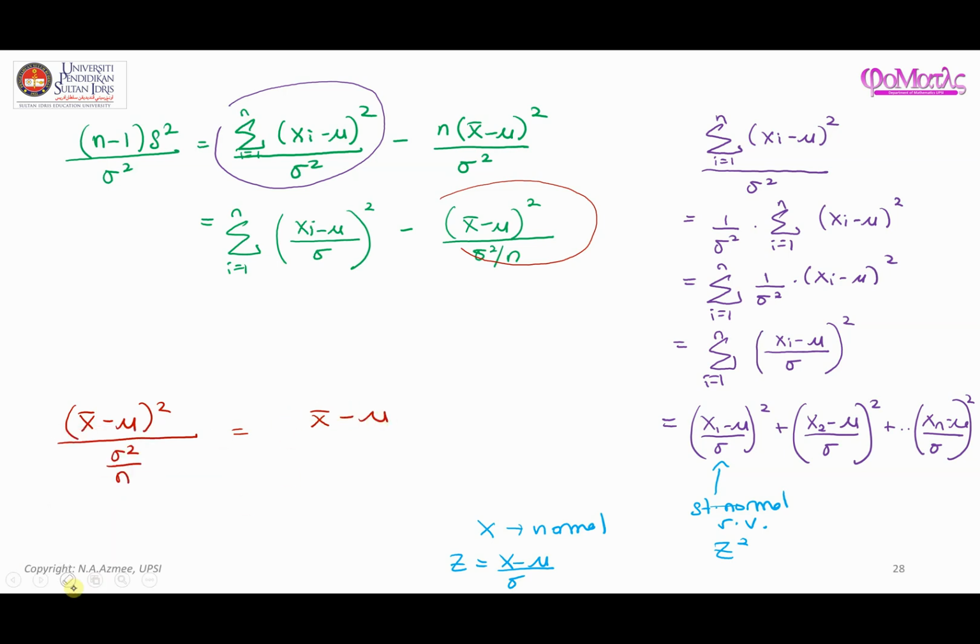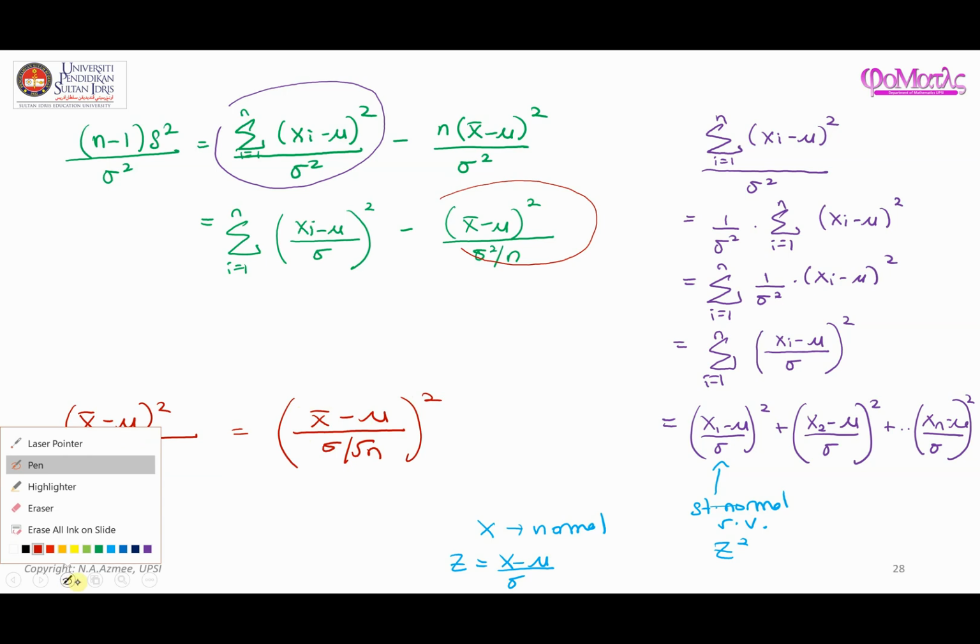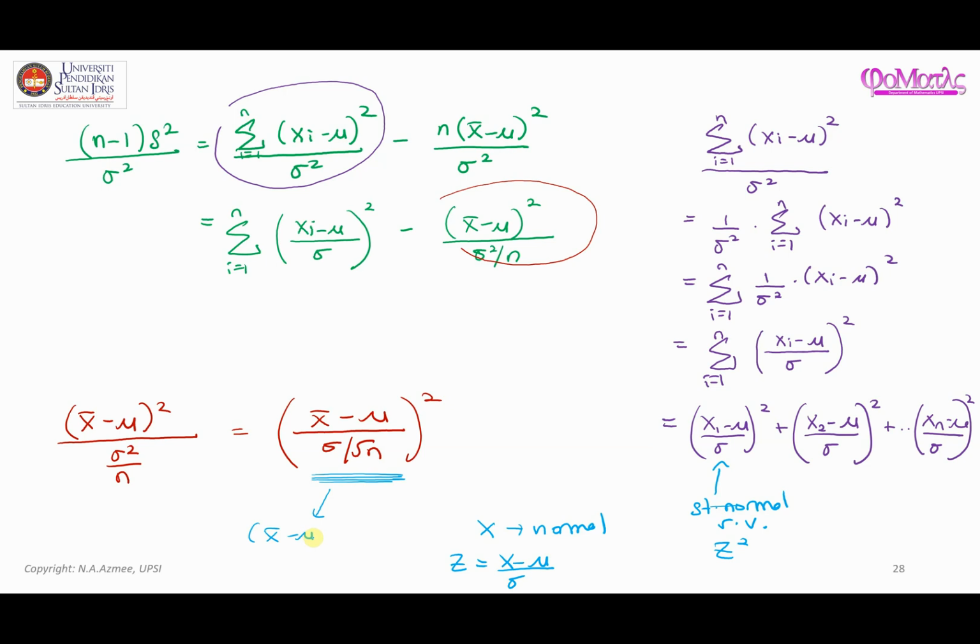So I can write this in terms of x bar minus mu over sigma over square root n, and you square it. Well, you can try and expand it, and you will see that it becomes x bar minus mu, you square it, over sigma squared over, if you square this, you're just left with n.